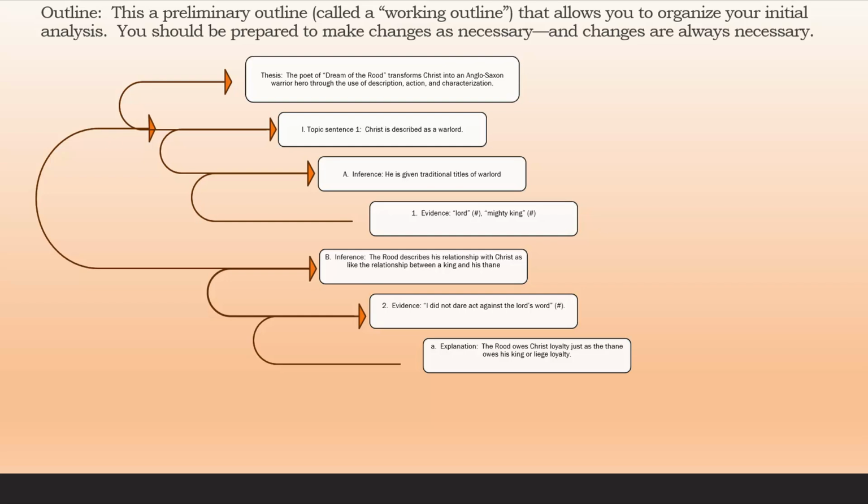And then after that, the explanation, the Rood owes Christ loyalty, just as the thane owes his king or liege loyalty. All of these, as you can see with the arrows, create a chain of support all the way up to the thesis. That is the way an essay in general, and a literary analysis in particular, is created.